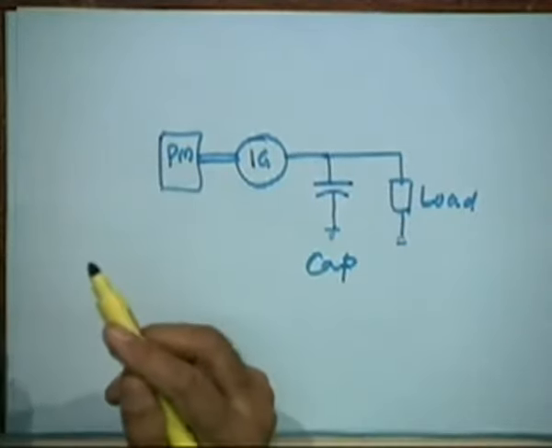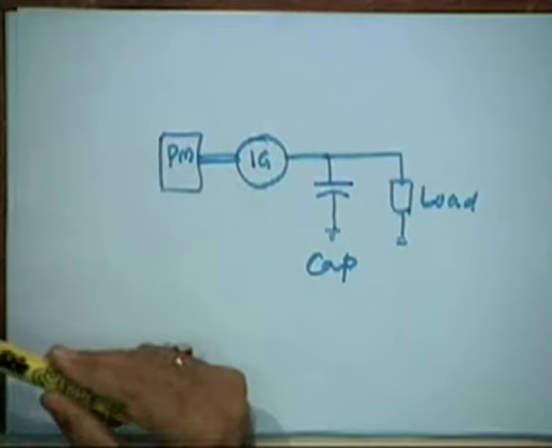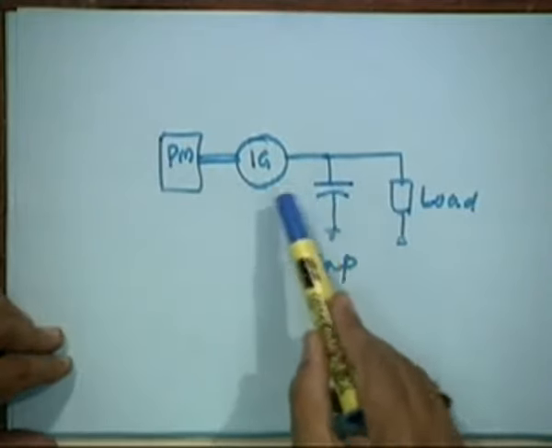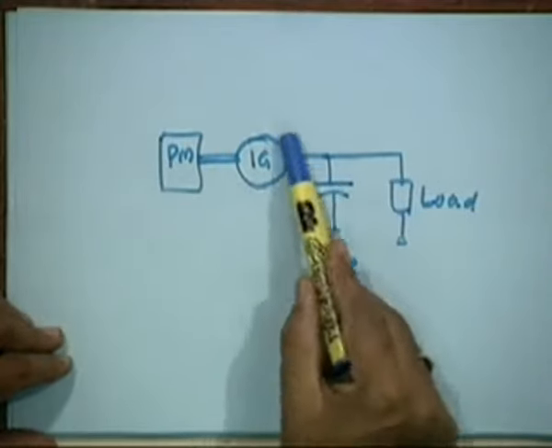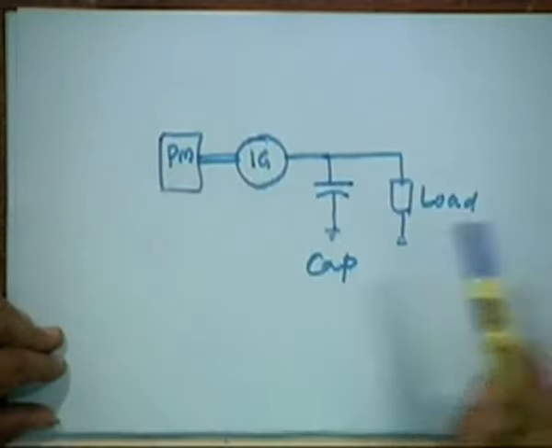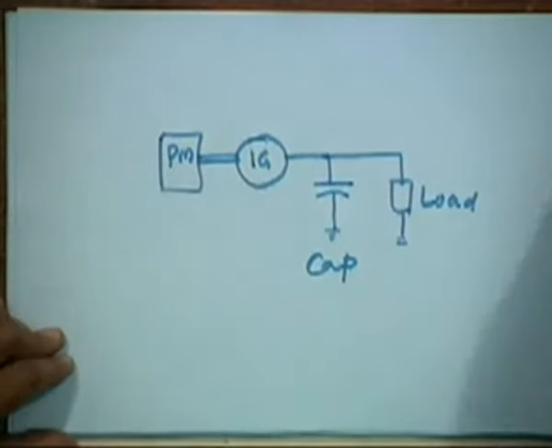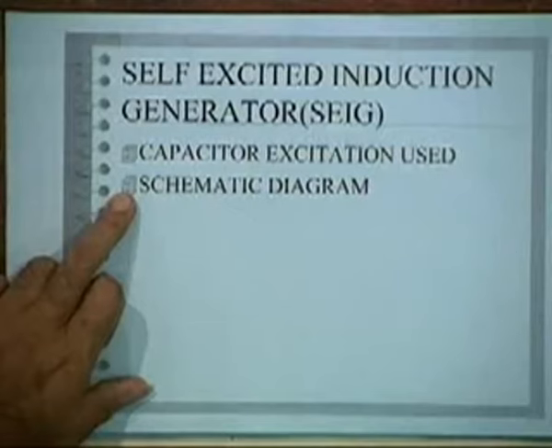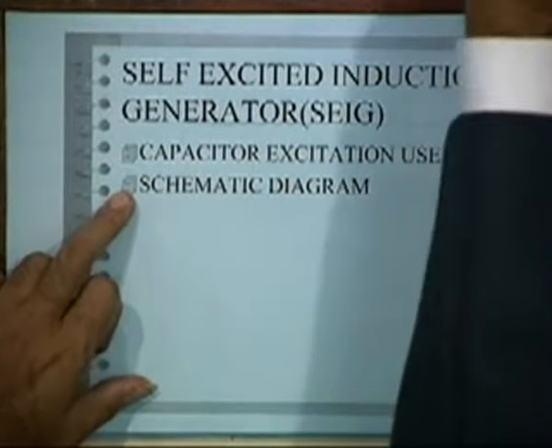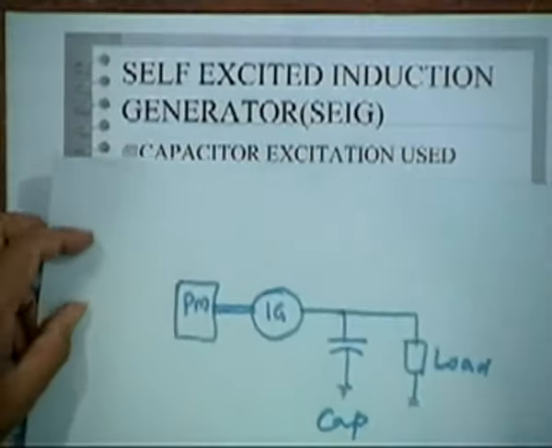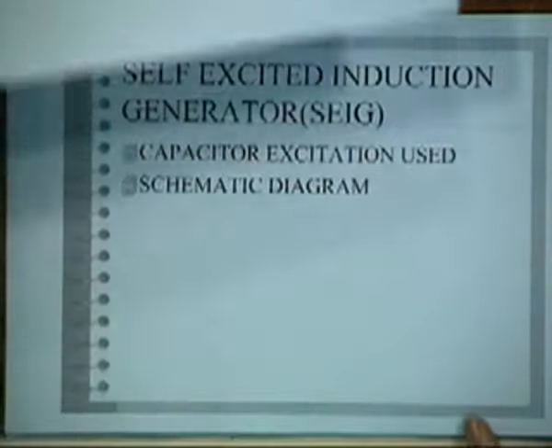So this is the system. Okay. So the capacitor is the one which provides the reactive var required for exciting the induction machine. Okay. Now, with this arrangement, we have drawn this schematic diagram here. Okay, which is this.